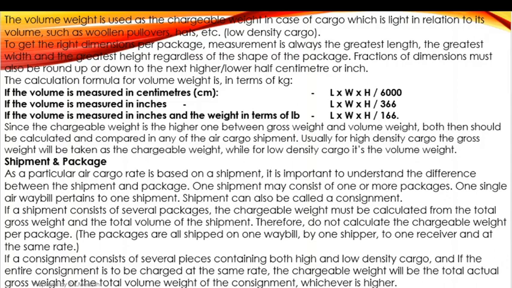Then you divide it by what's the formula? 6,000. That will give you the volumetric weight. So when you divide, what do you get? What do you get? I can't hear you. 225.456.